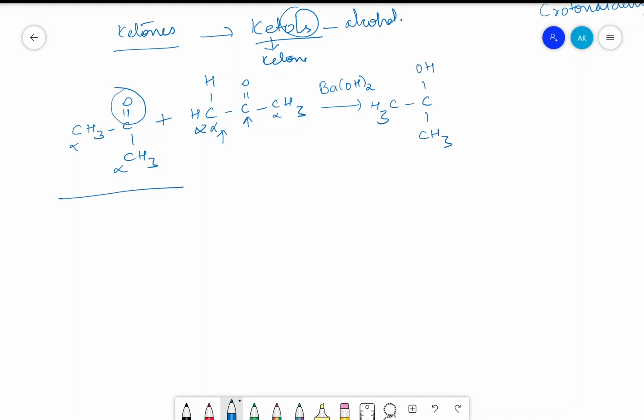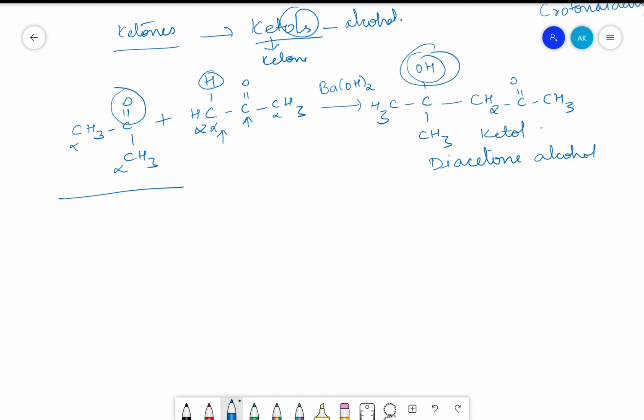Only thing is double bond O is replaced by OH. Then this hydrogen will be removed and we write CH2, C double bond O, CH3. This is called a ketol. It is also called diacetone alcohol because two acetones are combined and it contains an alcohol group.